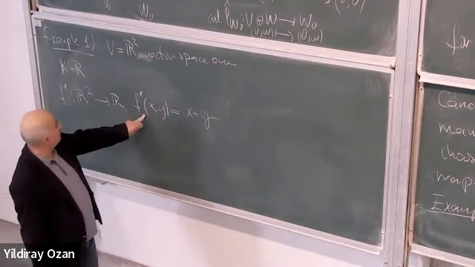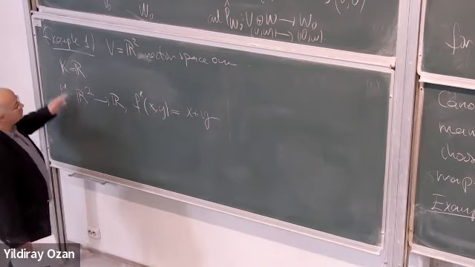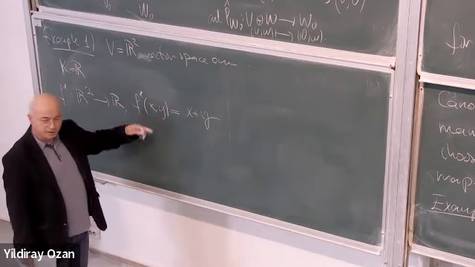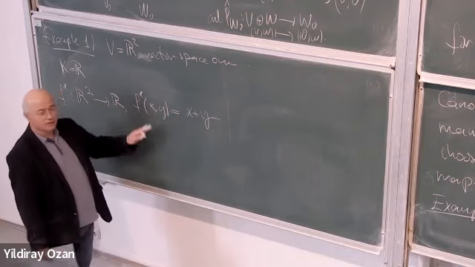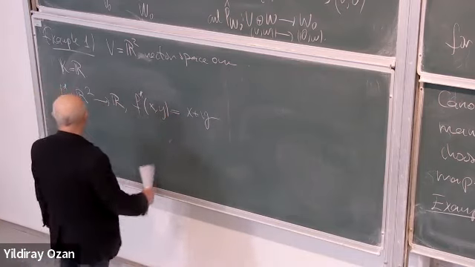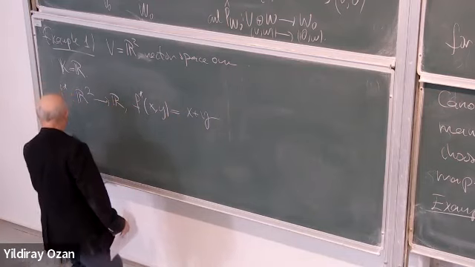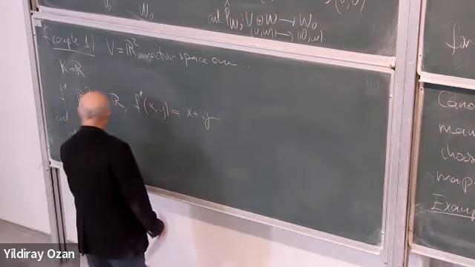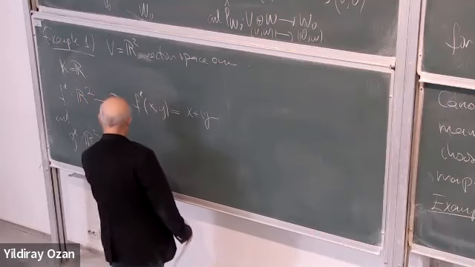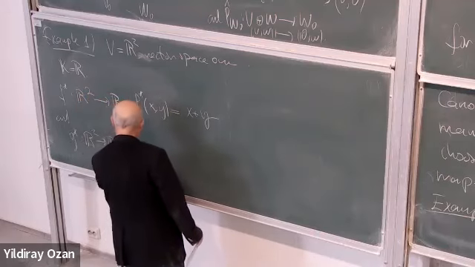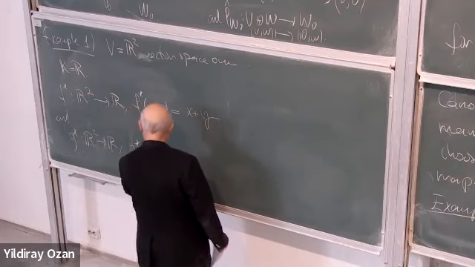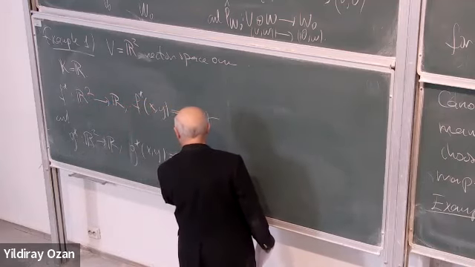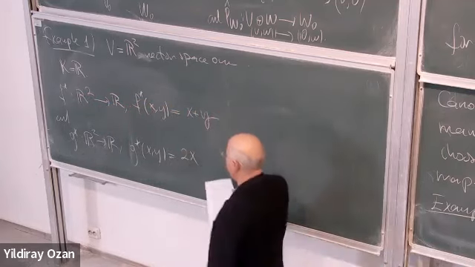So this is an element of V star, right? It's a dual element. It sends vectors to scalars. And G star, another one, for example, G star of X, Y is simply 2X.